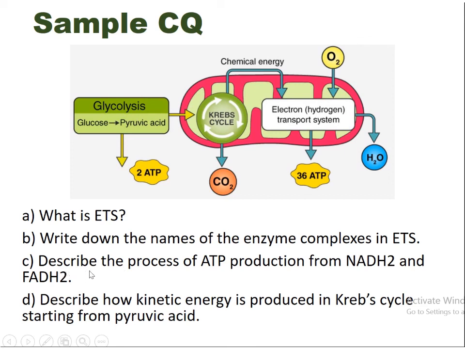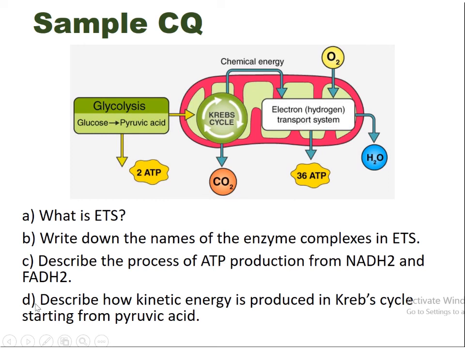And then you have to describe the process of ATP production from NADH2 and FADH2. So what is the process of ATP production from NADH2 and FADH2? Glycolysis, Krebs cycle, or electron transport system? This one. The electron transport system is the process of ATP production from NADH2 and FADH2.